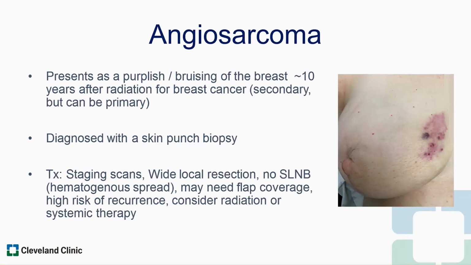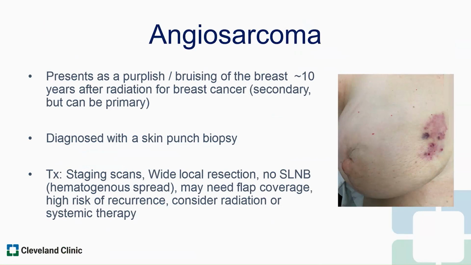This is different than angiosarcoma, which is sarcoma of the breast that usually, again, happens with a purplish, almost bruising appearance of the breast, with velvety raised plaques. Traditionally, it's about 10 years after radiation for breast cancer that you get secondary angiosarcoma.